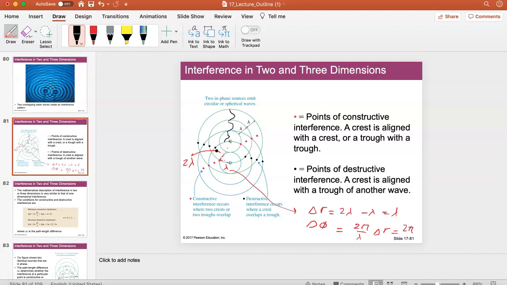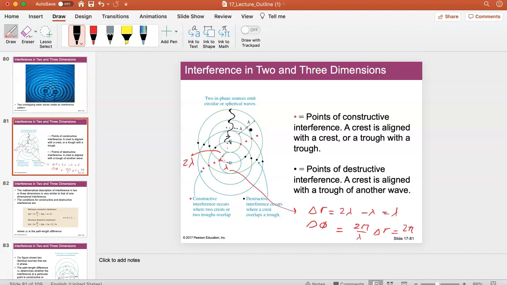If you think about the displacement along some cross section, it's maximum at the source, it's minimum in the middle of the source and this crest. So there's a trough here, there's another trough here, there's a crest here, there's a trough here, and this is a crest.